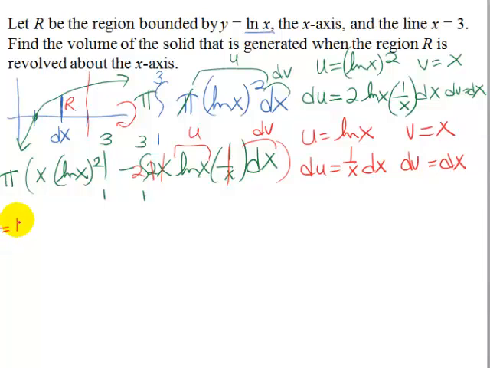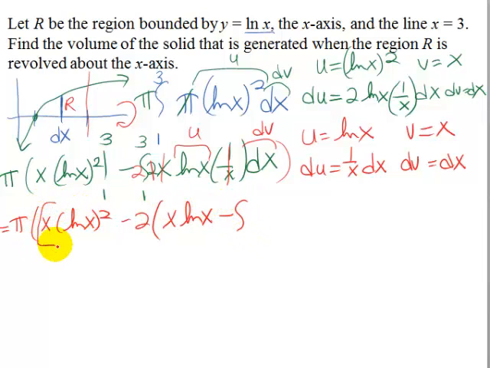So this will equal pi multiplied by x times the natural log of x squared, and then minus 2 times uv here, which is x natural log of x, minus the integral, and this piece will be evaluated from 1 to 3.